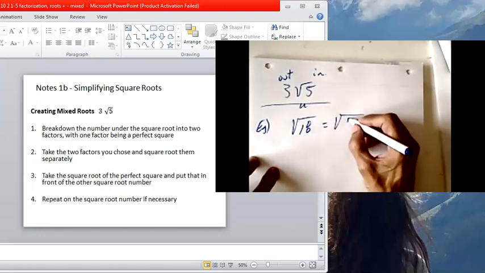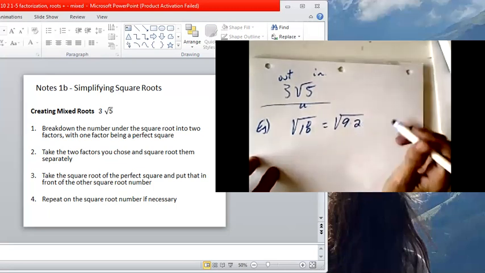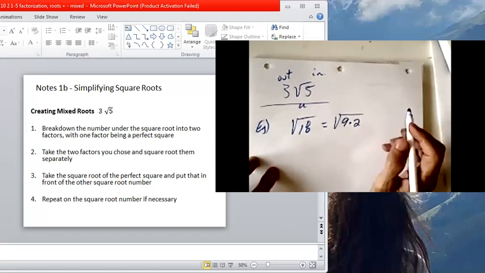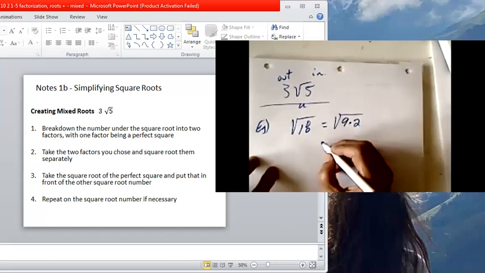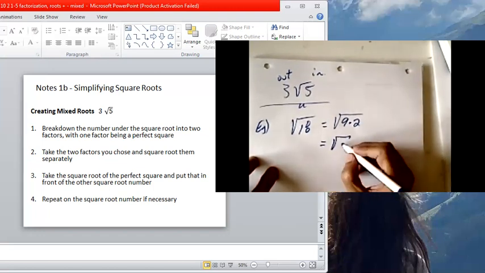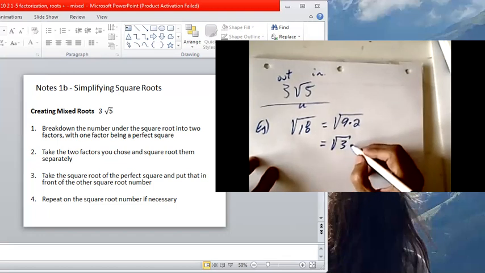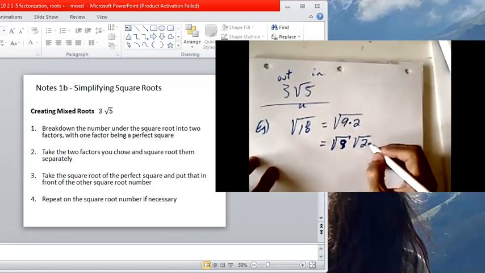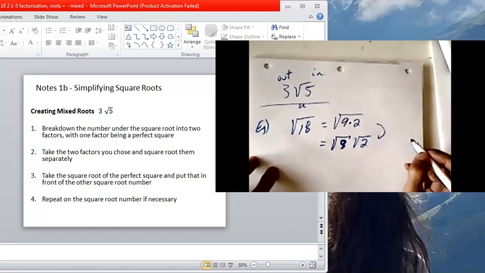Well, I know 9 is on the list of perfect squares. 9 is 3 times 3. Okay, so we separate them. That's what number 2 said. Whoops, sneaking ahead. That stays as the 9, just separating them to start with.